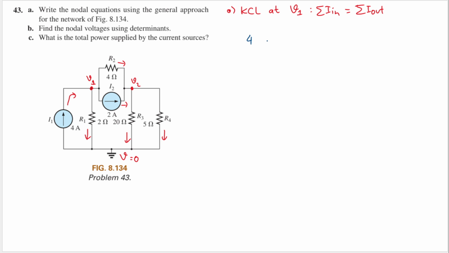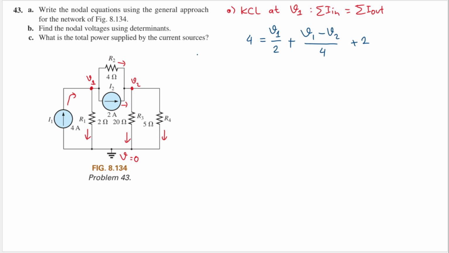So I will have 4 on the left hand side, and then V1 minus 0 divided by 2, so V1 over 2. Then plus V1 minus V2 divided by 4 ohm, and plus 2 for the 2 ampere source.